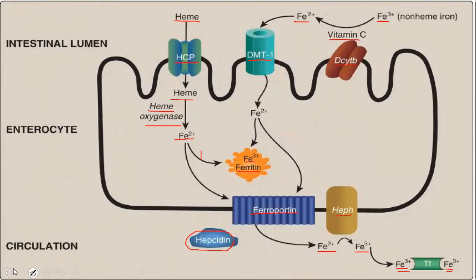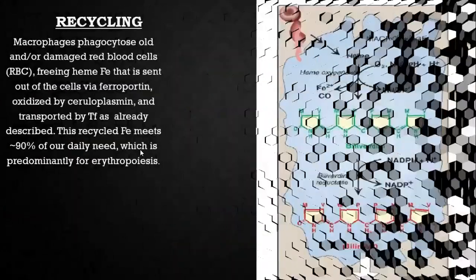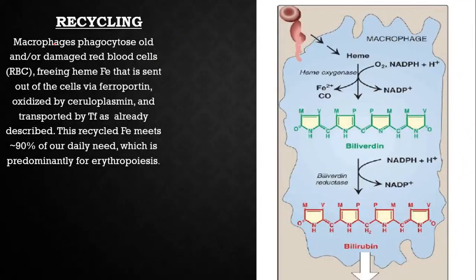The next page. Now, recycling. Macrophages usually phagocytose old and damaged red blood cells. After 120 days, the red blood cells are destroyed mainly in the liver by the macrophages known as the Kupffer cells, also by the macrophages found in the splenic cords of Billroth, that is in the spleen.